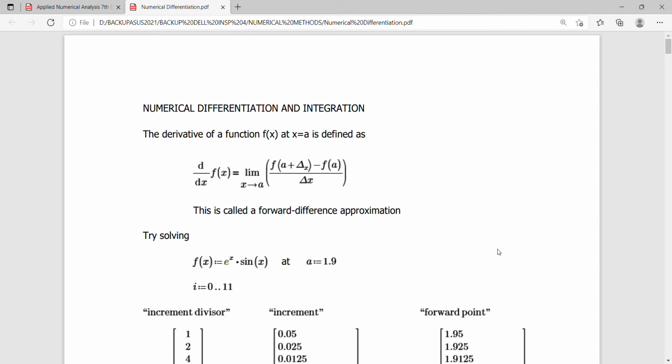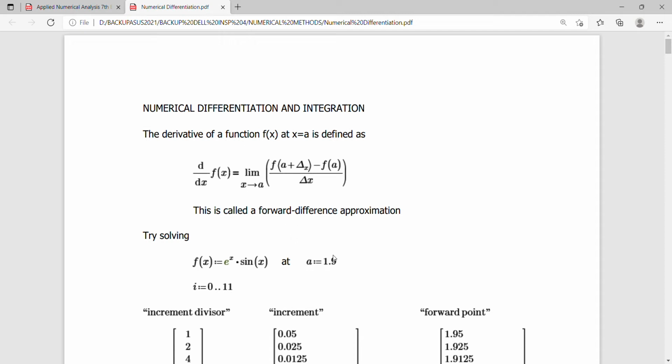a change here in the definition, because instead of considering the increment delta x as our point of reference, we consider the interpolating value of the function over the range x exactly at point a.